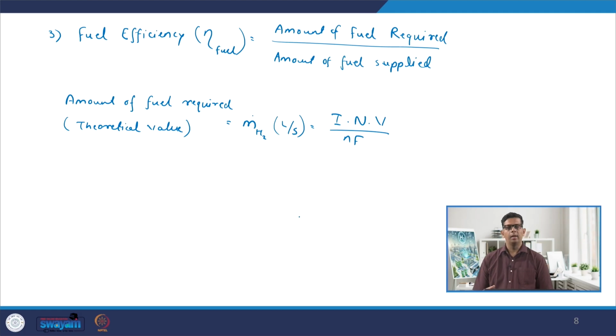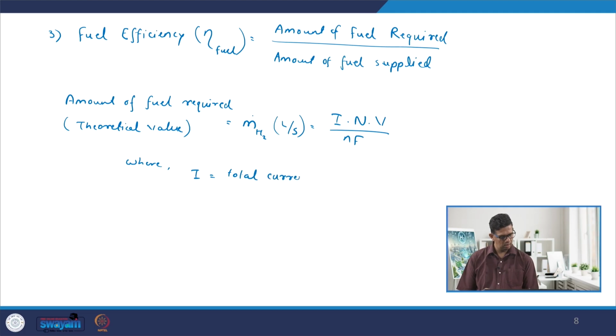Now, what is I n V? We are already familiar with the term N F. What is I? Let me write, where I is the total current flowing in the cell or the stack.